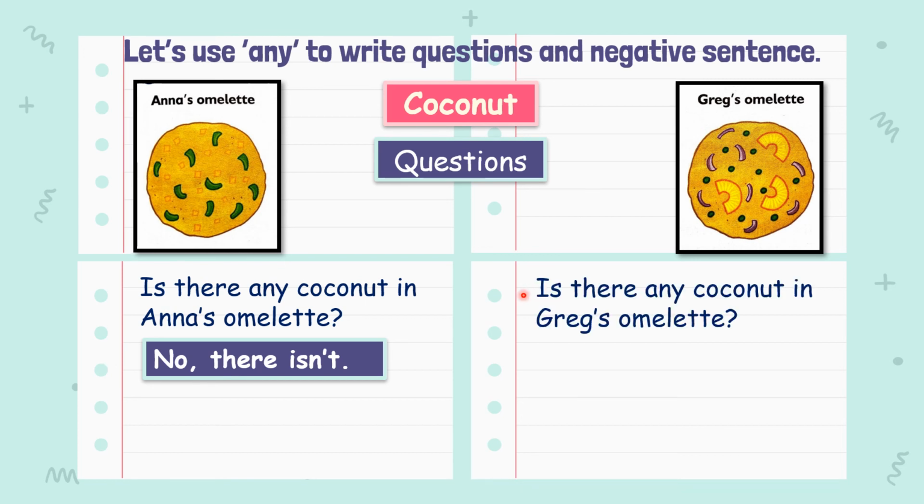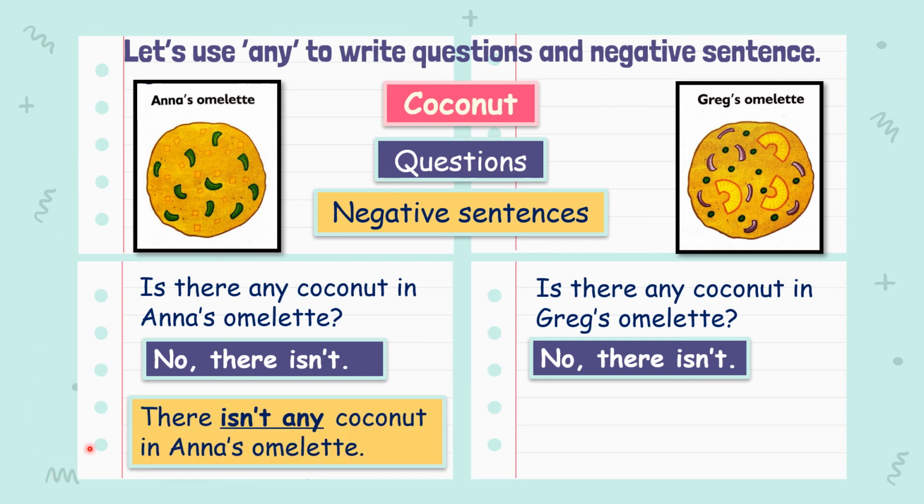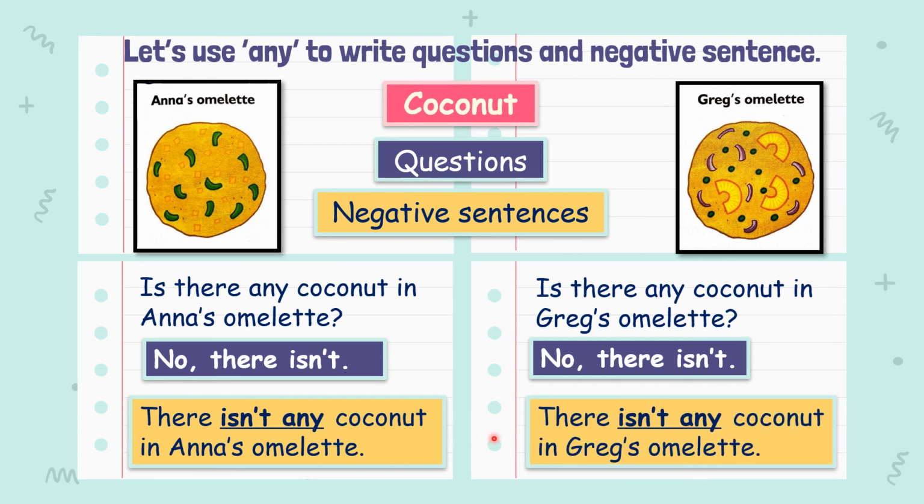Is there any coconut in Greg's omelette? The answer would be no, there isn't. So how do you write negative sentences in this picture? There isn't any coconut in Anna's omelette. There isn't any coconut in Greg's omelette.